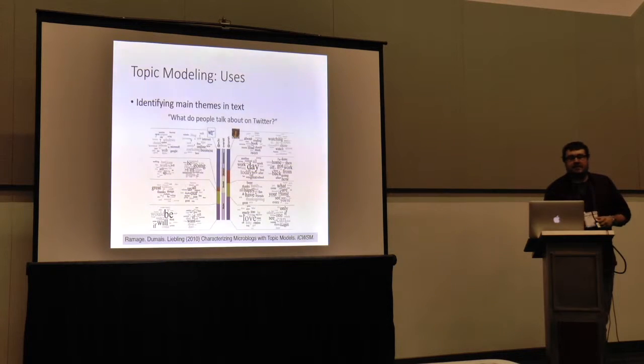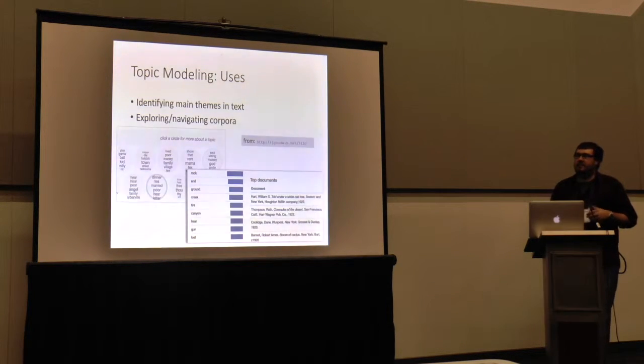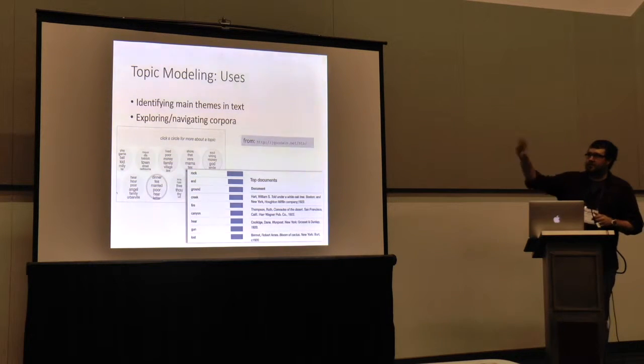So that's one example. And relatedly, people have used topic models for corpus exploration and for creating tools and browsers to navigate a corpus. So these screenshots up here are from this tool by Jonathan Goodwin. This is the first result if you Google topic model browser.